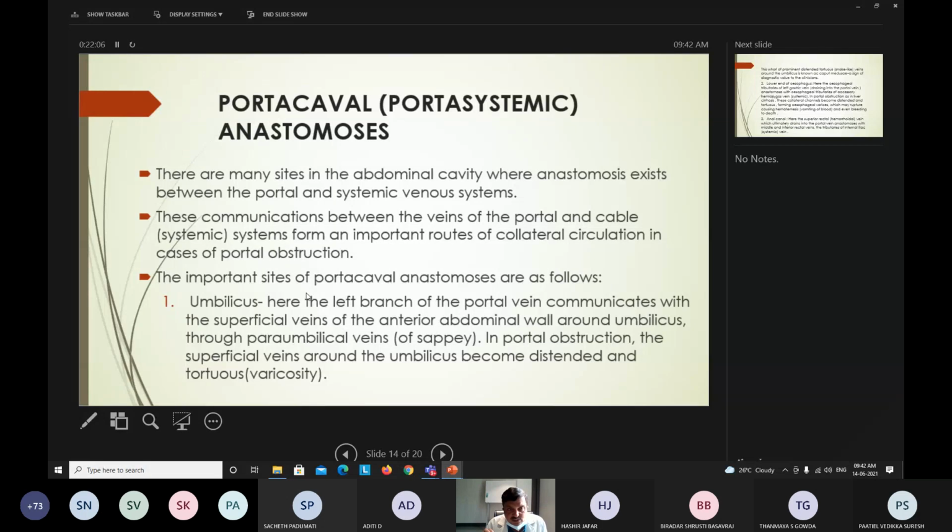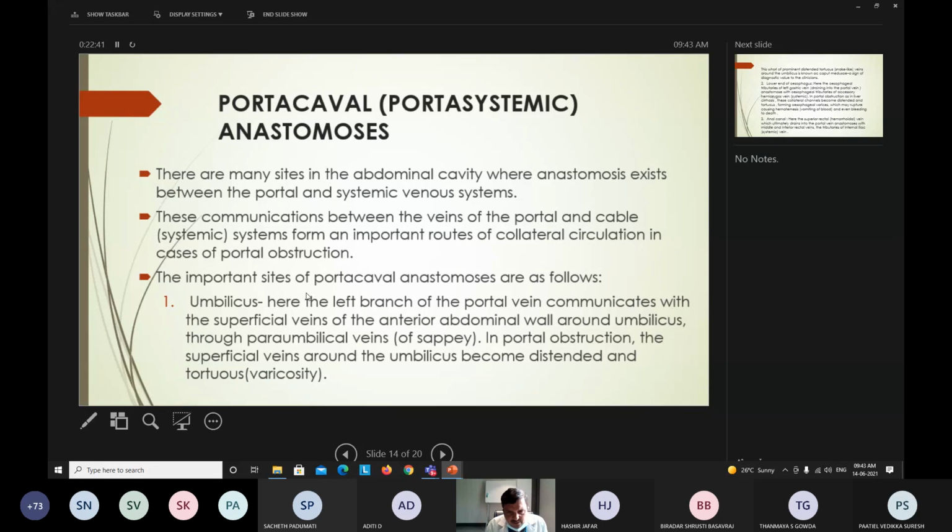These communications between the portal and systemic veins form an important route of collateral circulation in cases of portal obstruction. Whenever there is an obstruction, it needs a collateral circulation, and that is done by the portocaval anastomosis.